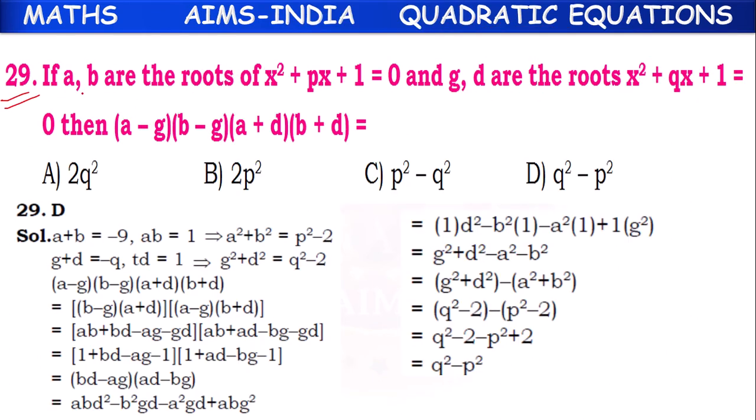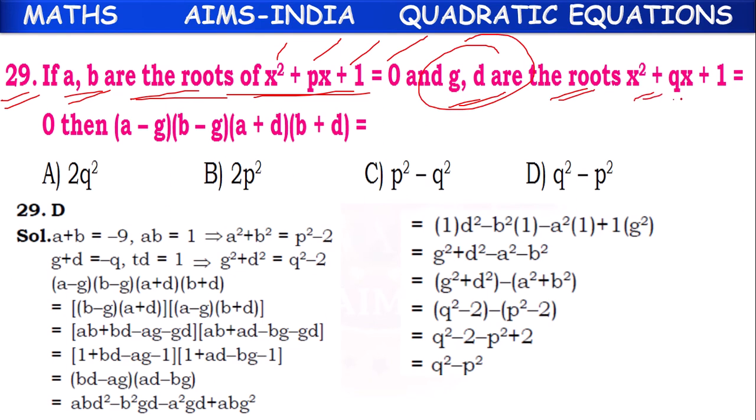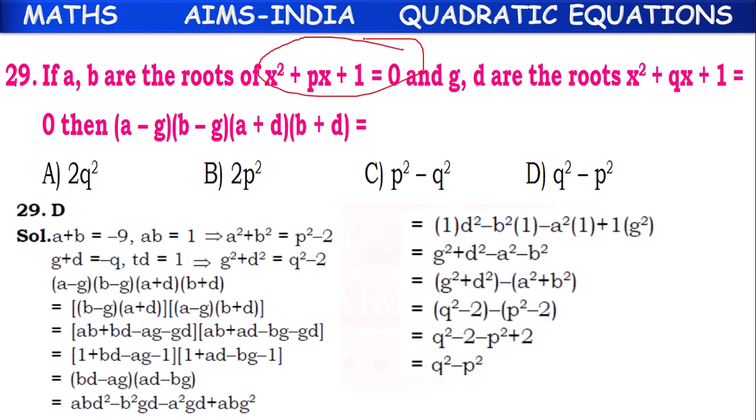Next, the 29th question. If α and β are the roots of x² + px + 1 = 0 and γ and δ are the roots of x² + qx + 1 = 0, then (α − γ)(β − γ)(α + δ)(β + δ) is how much? So α and β are the roots of the first equation.